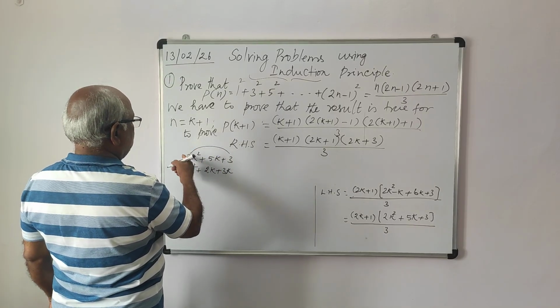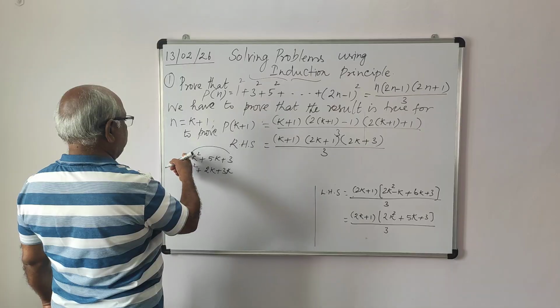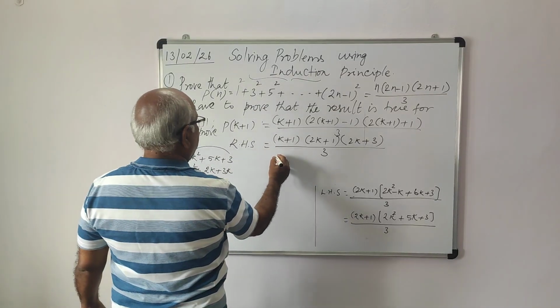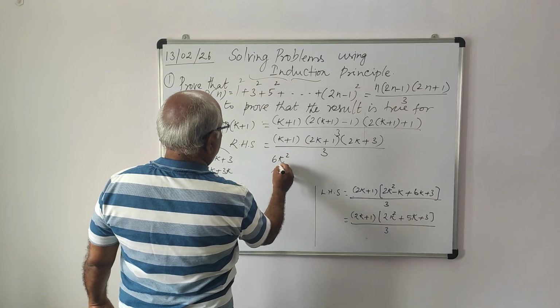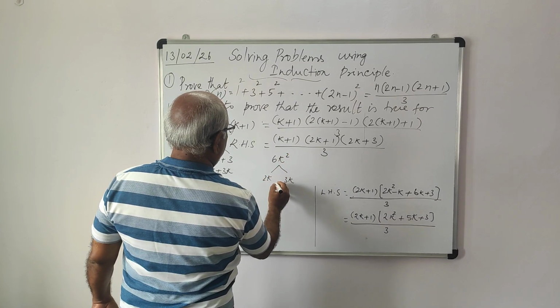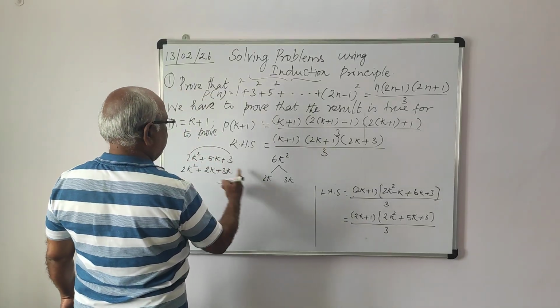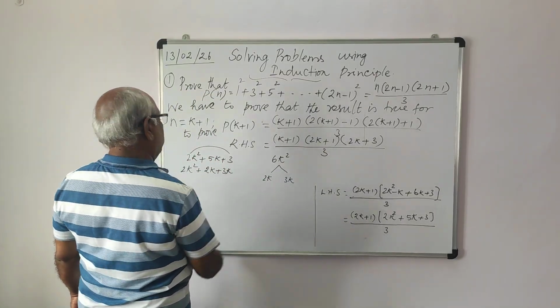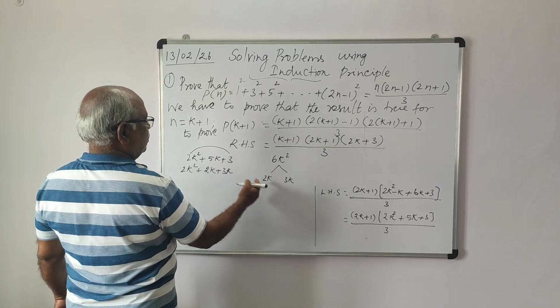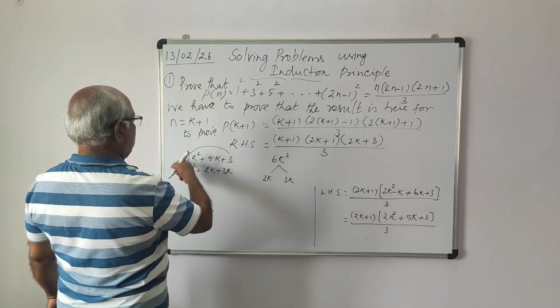If you multiply the first and last terms, you get 3 twos are 6k square. You split this 6k square into 2k plus 3k. Adding these two you will get 5k, multiplying these two you will get 6k square. 2 plus 3, 5k middle term, 2 into 3, 6k square.